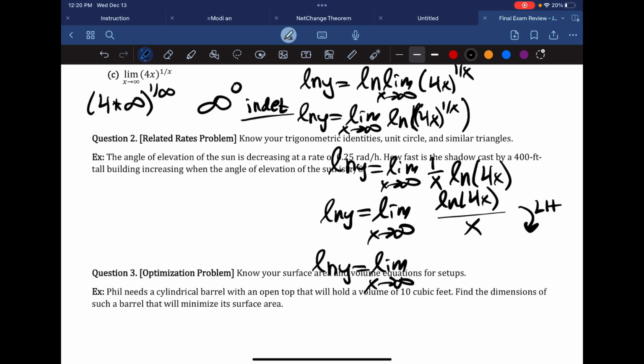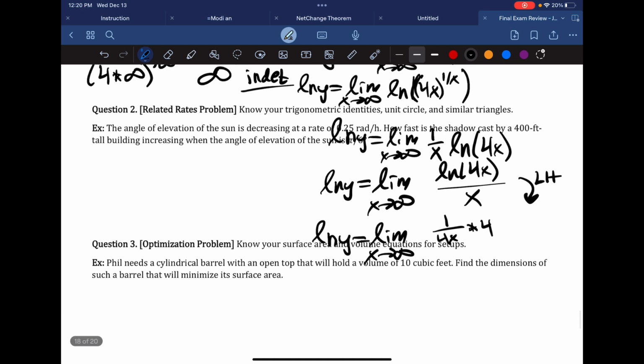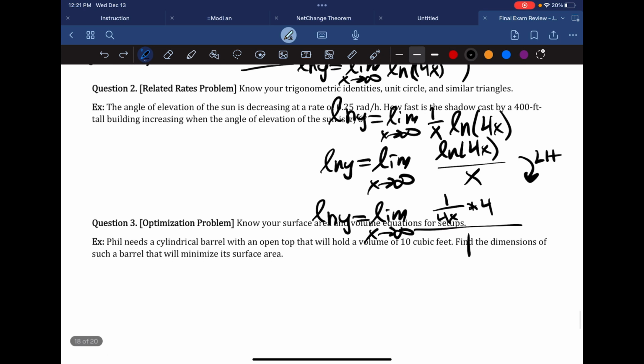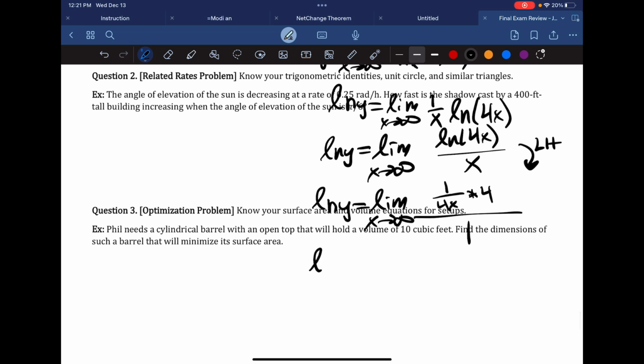So the derivative of the numerator, the derivative of ln of 4x, is going to be 1 divided by 4x times 4, and then the derivative of our denominator is going to be just 1. And if this derivative seems a little bit weird to you, make sure to review chain rule and the derivatives of logarithms.